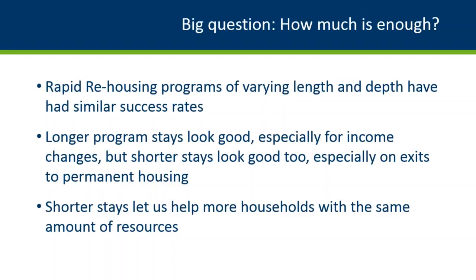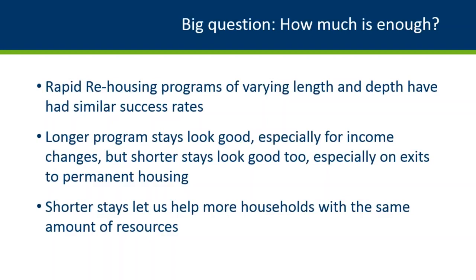Now, longer programs with longer stays in the program tend to look a little bit better for income changes. And that makes sense, right? It takes a little bit longer to get that job or to get that increase, particularly if you're expecting people to increase their income. But shorter programs also look pretty good, and they particularly look good when you talk about how many people finish the program with someone else. So there's a balancing act here.